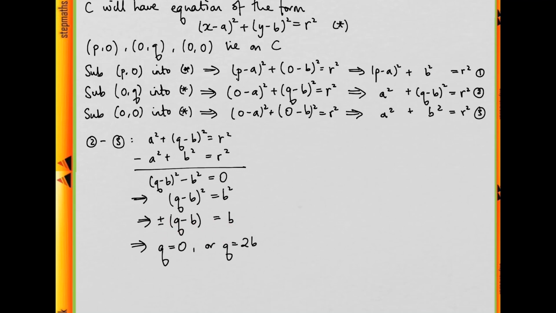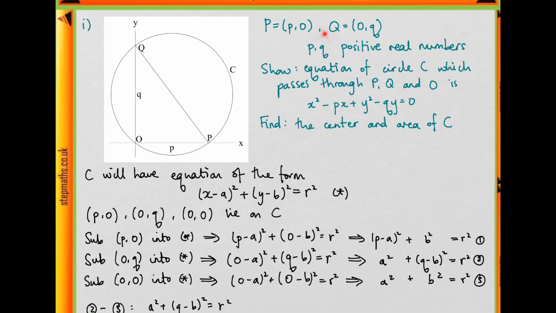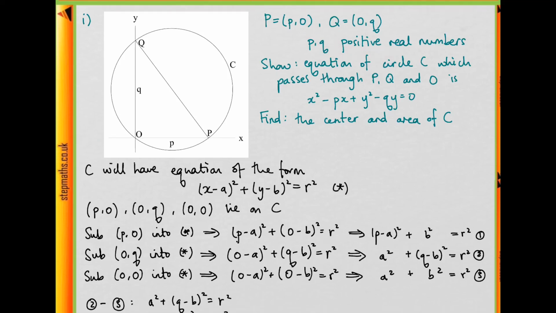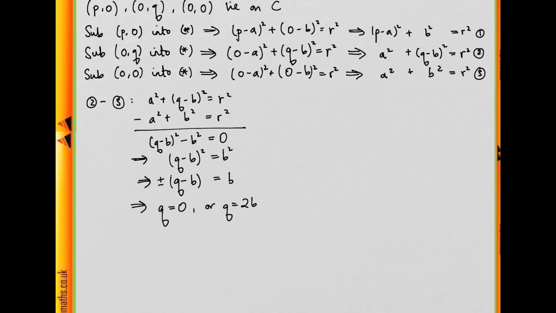So we get either q is equal to 0 if we take the negative root, or q is equal to 2b if we take the positive root. But we know that q is positive, so greater than 0, and so this first option isn't possible. So we must have that q is equal to 2b, or b is equal to a half q.